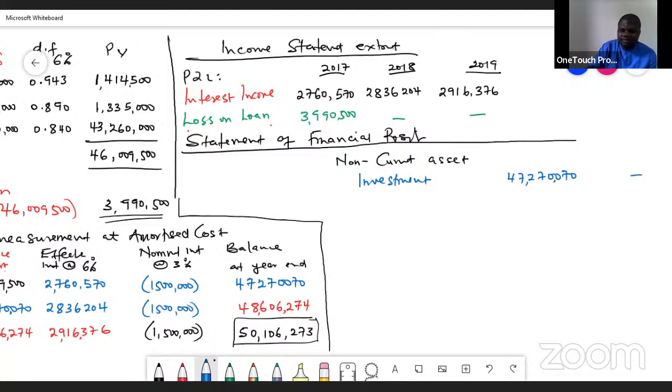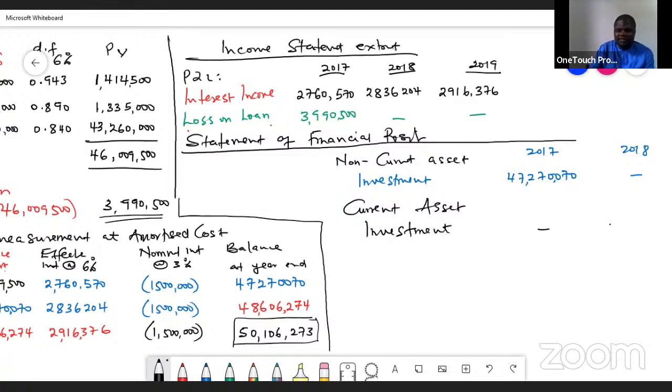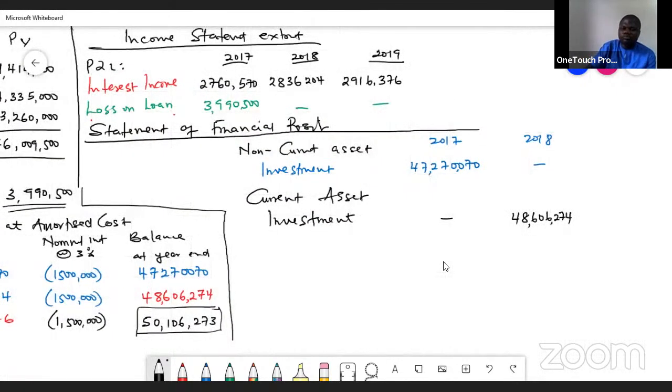Then that is 2017, 2018. Then it becomes current assets. It becomes a current asset in 2018. That is 48,606,274. 2019 to be dash. So that's all.